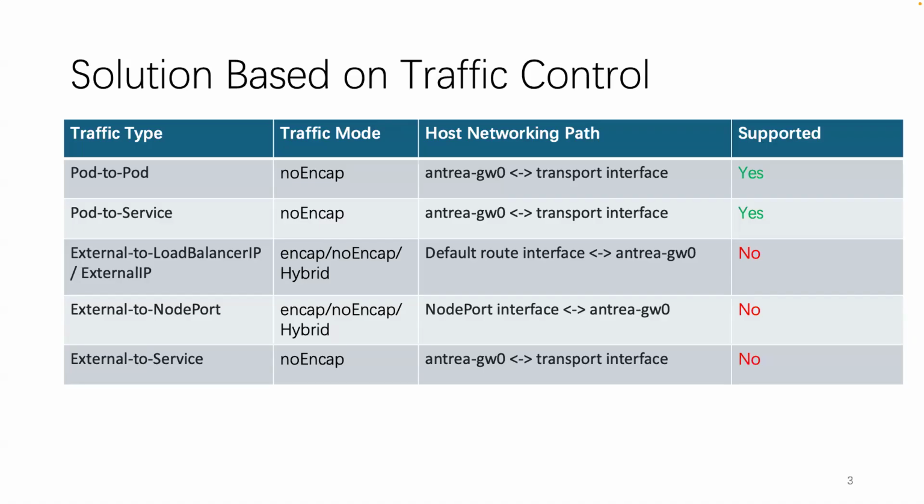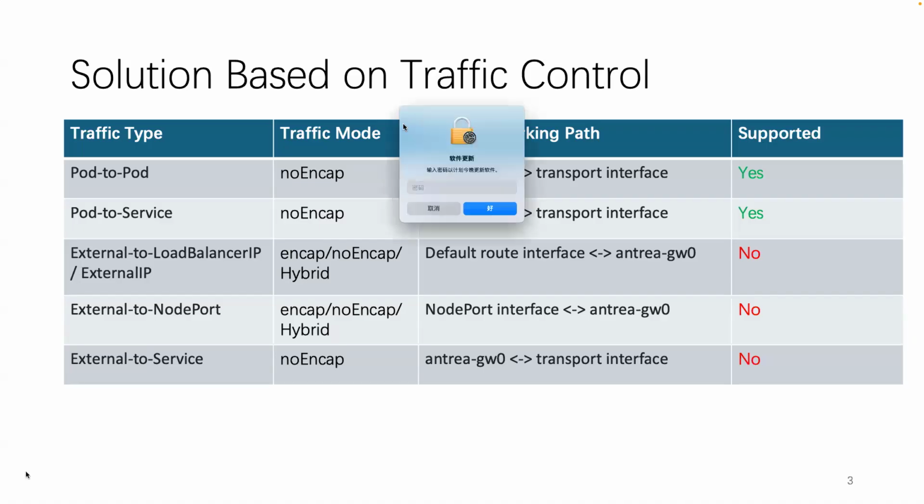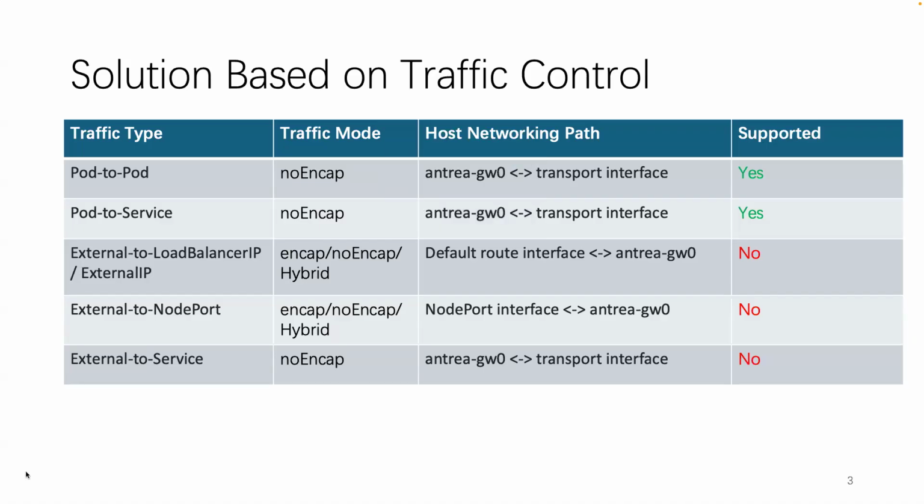Antrea also knows the source and destination MAC addresses, the local and the remote transport interfaces' MAC addresses. Besides, these two kinds of traffic don't rely on any host networking processing.